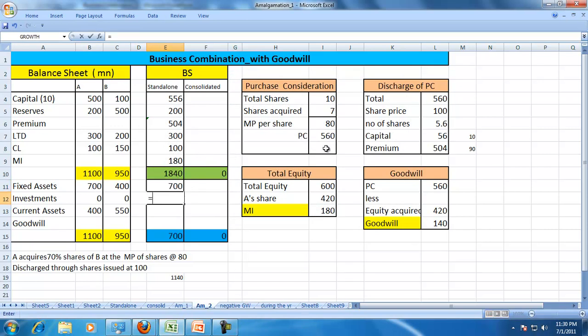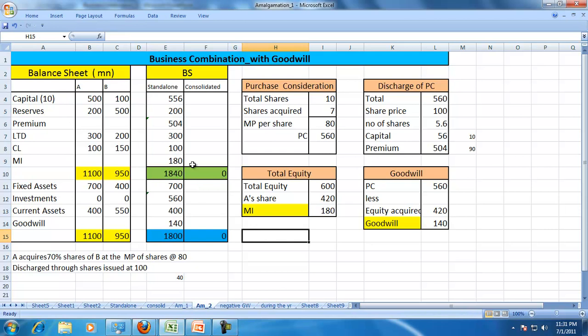The investments will be shown at the purchase consideration, and the current assets are 400, with no change because the purchase consideration is not discharged through cash, and there's a goodwill of 140. So the total is not balancing: 1800 and this is 1840.